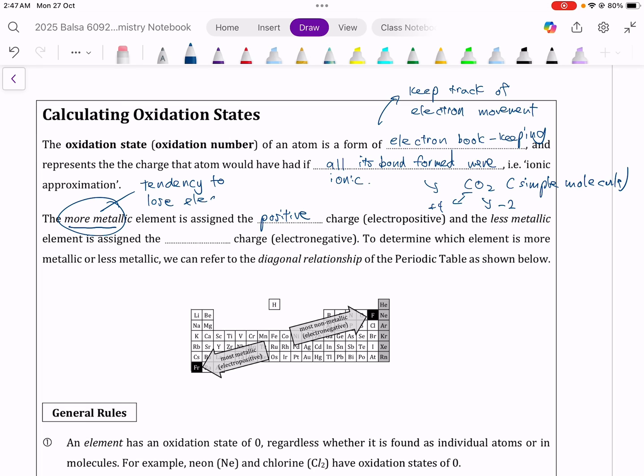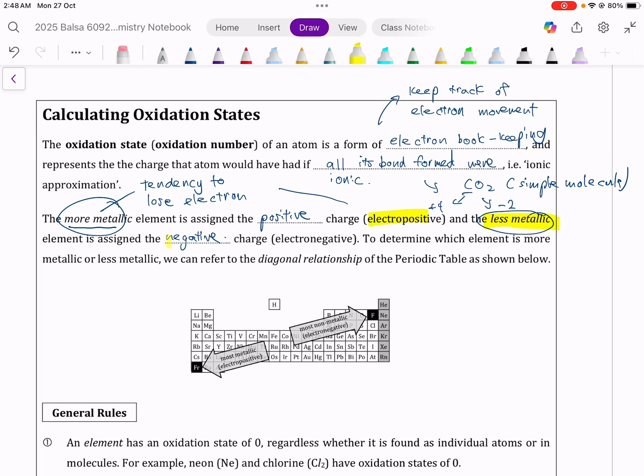Of course, I hope you still know how to see the metals on your periodic table. So usually the element is assigned a positive charge if it's more metallic. Electropositive also points to the same thing, a tendency to lose electrons. And when it's less metallic, it's normally assigned a negative charge.